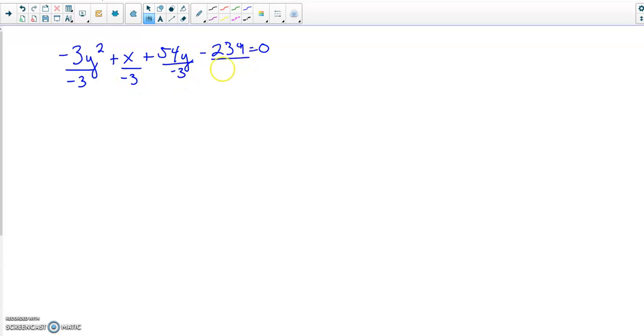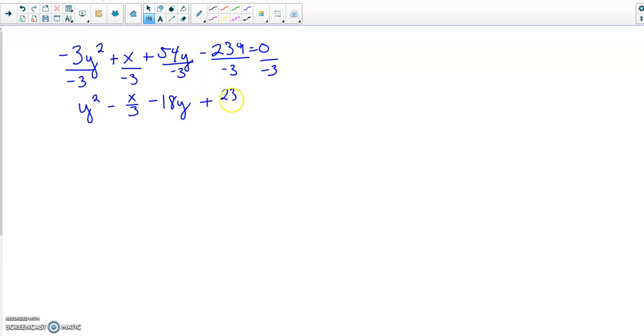Okay, by doing this, we get our squared term without a number in front. Now, I know it's going to look scary right now. We're going to be dealing with some fractions, but promise me it will get prettier as we get through.